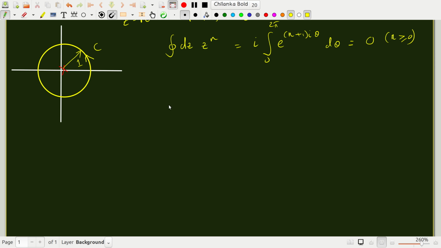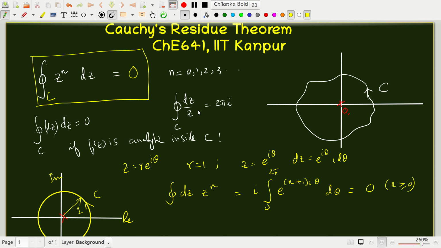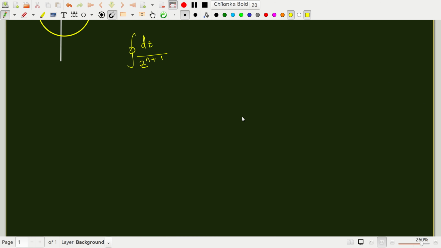Suppose I ask a slightly different question. Take the same contour. This is of course the real and imaginary axes, even if I don't mention this. Suppose I'm interested in calculating the integral of dz by z to the power n plus 1. Note that we have already shown that the integral of dz by z, over any contour that encloses the origin, including a circle of unit radius, is 2 pi i.